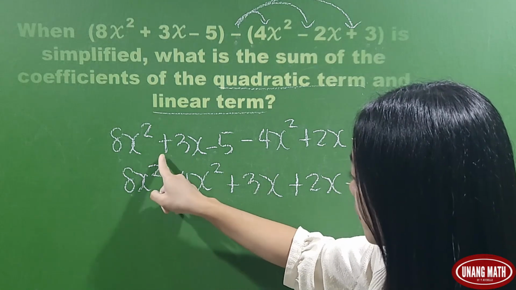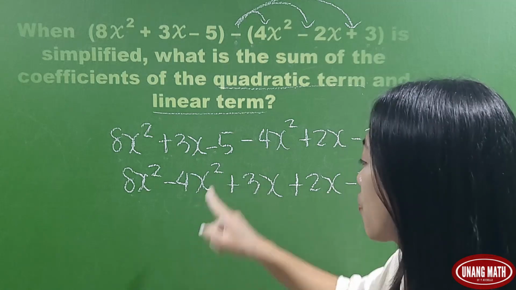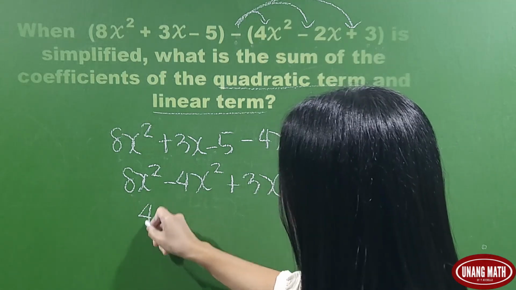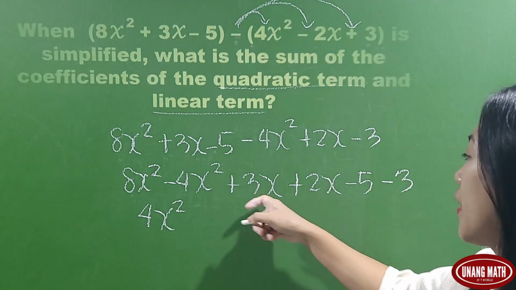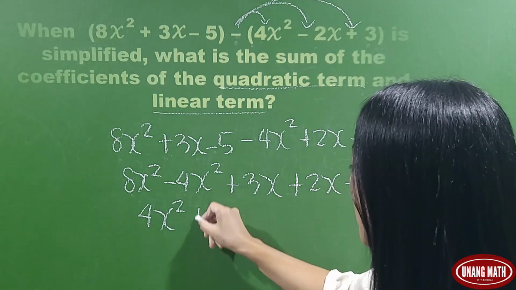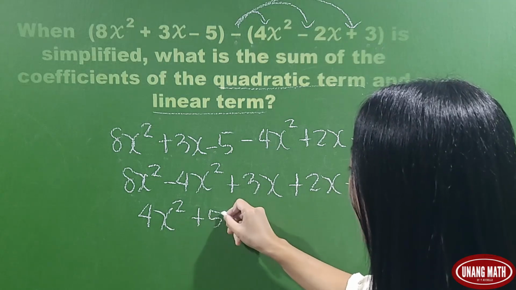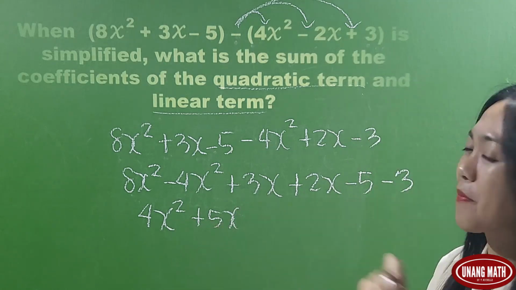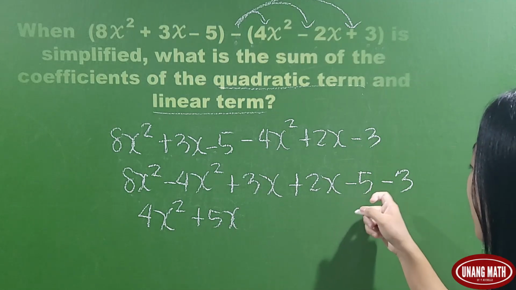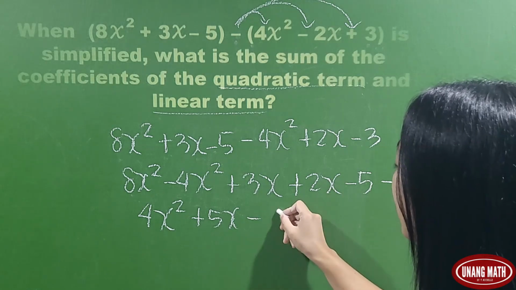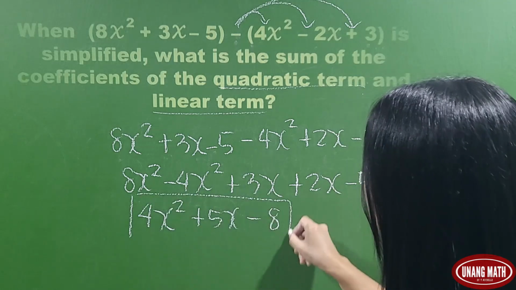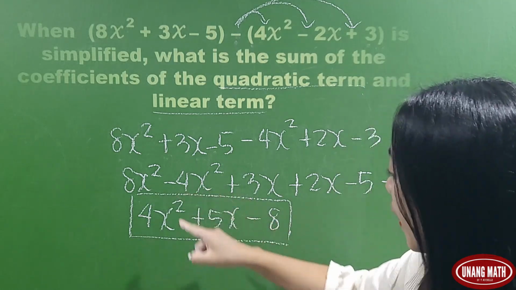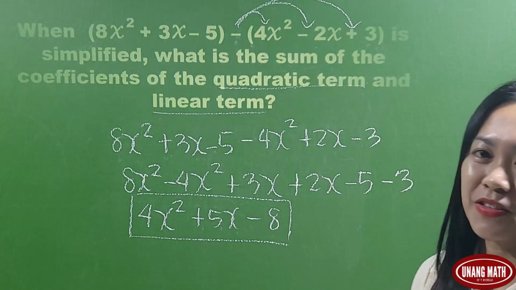Simplify. 8x squared minus 4x squared is equal to 4x squared. 3x plus 2x, that would be equal to 5x. So this is plus 5x. And negative 5 minus 3 is negative 8. So our expression is 4x squared plus 5x minus 8.